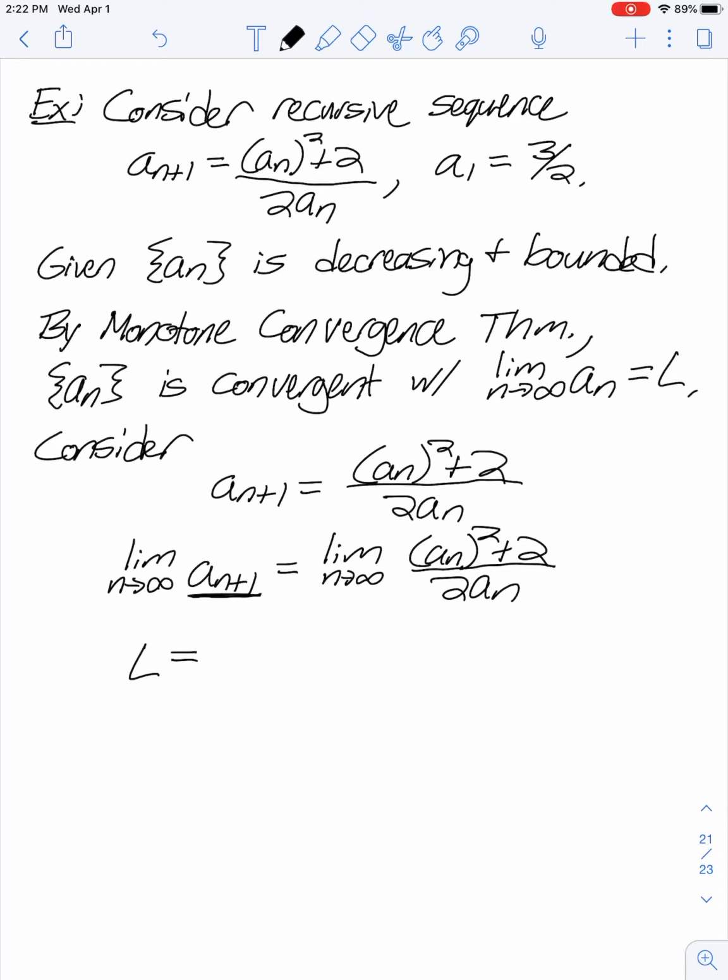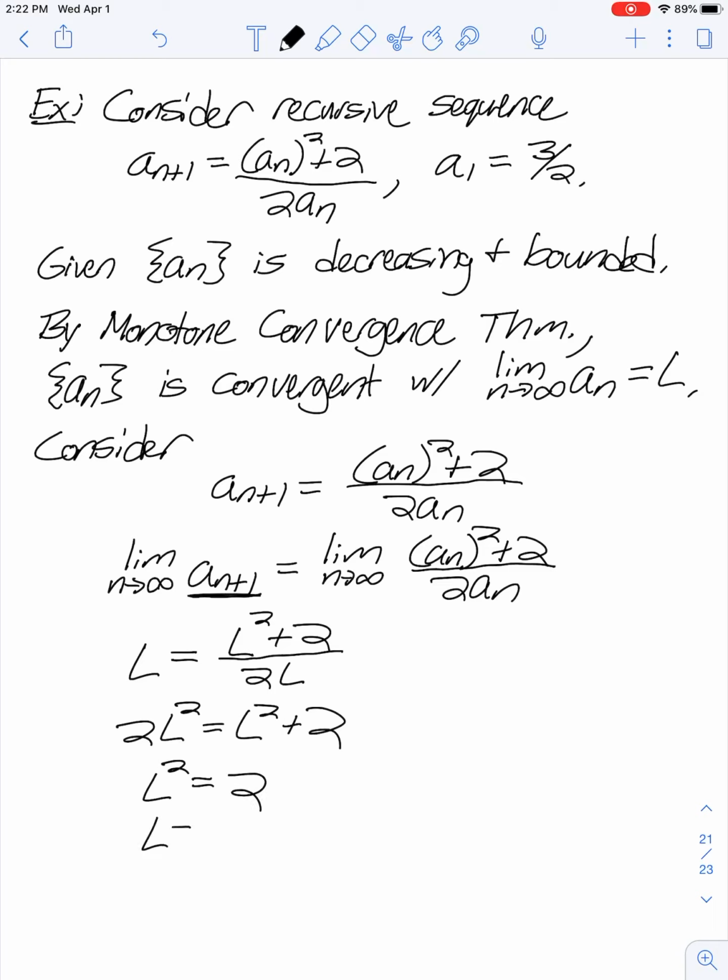On the left-hand side, the terms of our sequence a sub n or a sub n plus 1, as n gets larger and larger, we said are approaching some limiting value of L. Now on the right-hand side, taking our limit as n approaches infinity, we will have L squared plus 2 over 2 times L. So we now have this algebraic equation for L, and to solve, we could start by multiplying both sides by 2L, giving us 2L squared is equal to L squared plus 2.